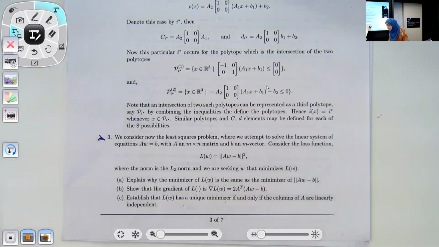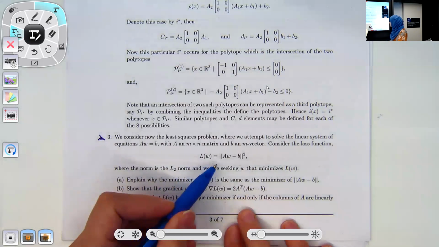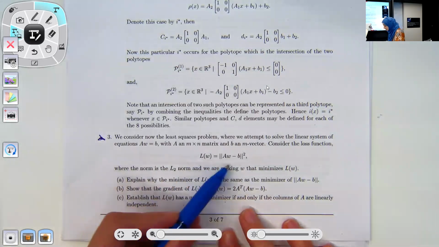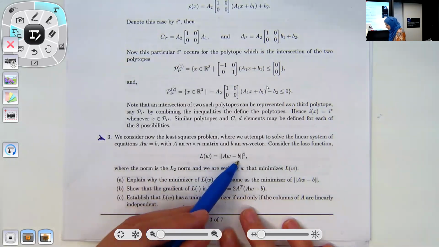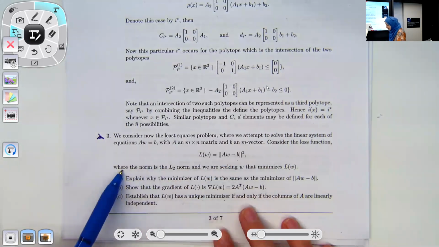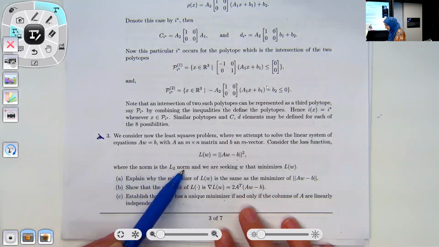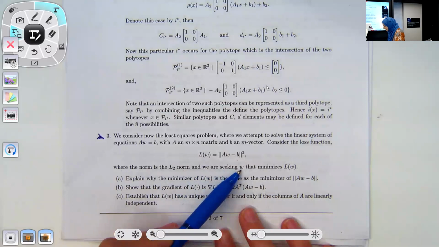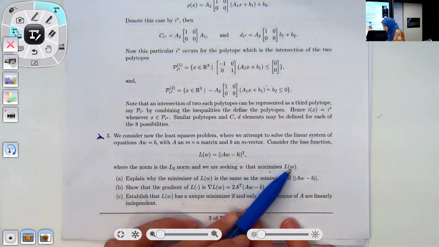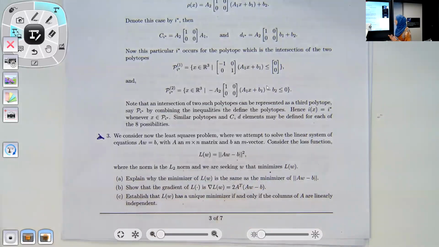Consider the loss function, given by L of omega equal the norm of A omega minus B to power 2, where the norm is the L2 norm, and we are seeking omega that minimizes L omega. Now we need to find the point which minimizes this function.